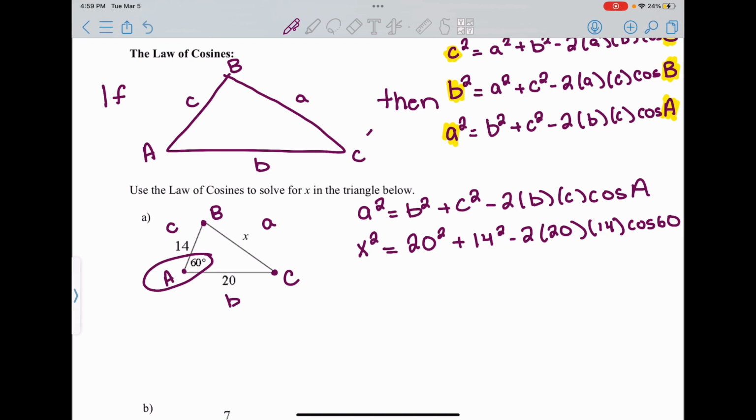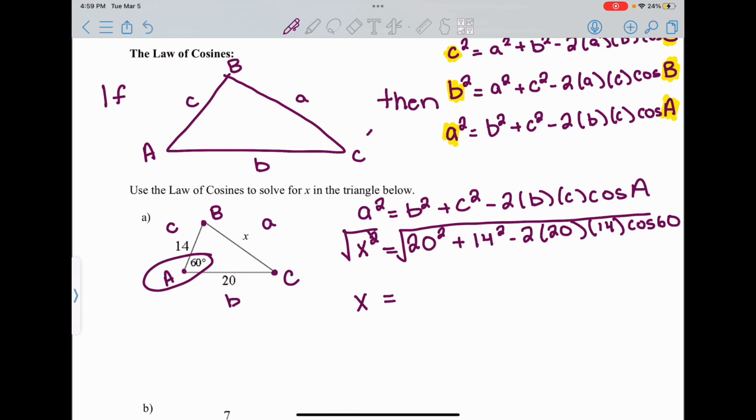Notice how x is very close to being by itself. I just have to get rid of the square. Well, in order to get rid of a square, all we have to do is square root. And you're actually able to plug this all into a calculator.